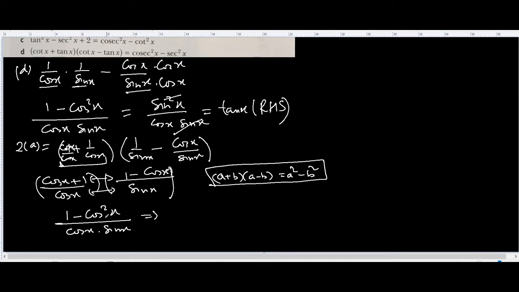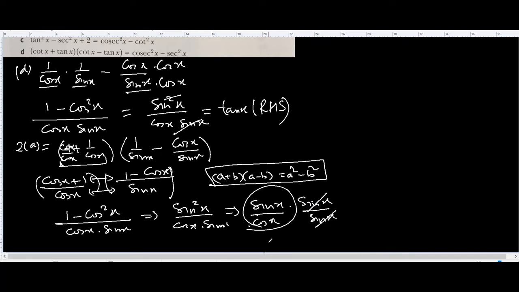Alright. 1 minus cos square is sin square x over cos x sin x. Now we'll separate sin x because we want tan x, right? So sin x we can write separate. Once I will write cos x here and once I will write sin x here. They can cancel out. We are left with sin over cos, which is tan x RHS.